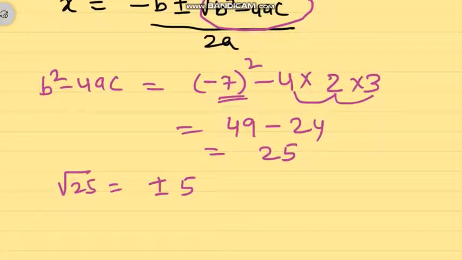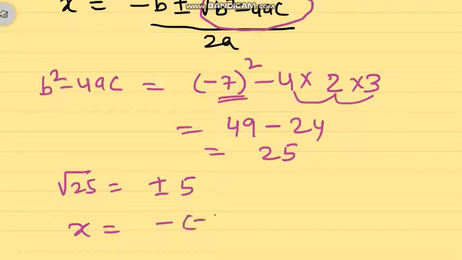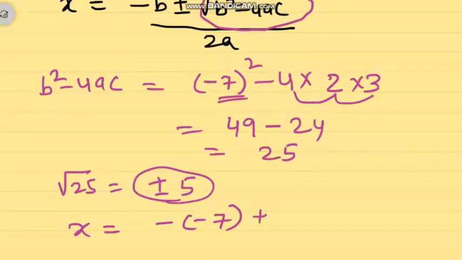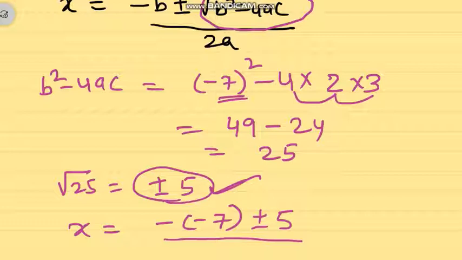So x will be equal to minus b, so minus of minus 7, because your b is minus 7, plus or minus root b square minus 4ac, which is plus or minus 5, divided by 2a. What is your a? a is equal to 2.